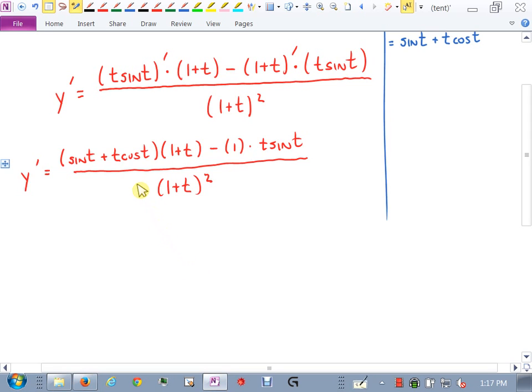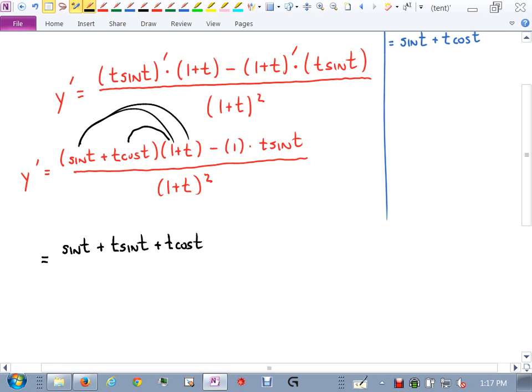Now, to continue to clean this up, I'm going to multiply these two together because it's a binomial, 2 terms times a binomial, so I can do like a FOIL. Multiply sine t times 1 is sine t. Sine t times t is plus t sine t. Cosine t times 1 is t cosine t. And t cosine t times t is t squared cosine t.